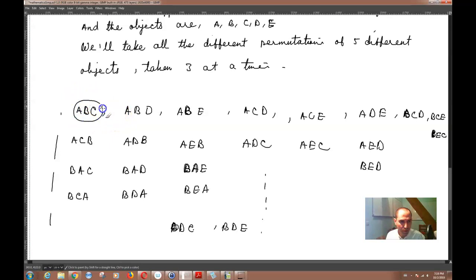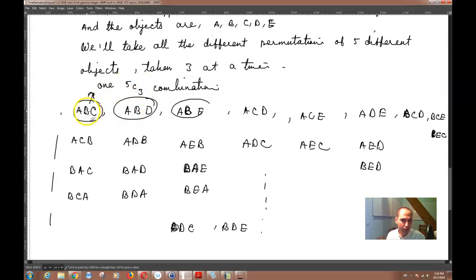So each of these is one 5 combination 3 combination, meaning that whether you take this one or this one or this one and so on and so forth, this is one combination of 5 different objects taking 3 at a time, right?